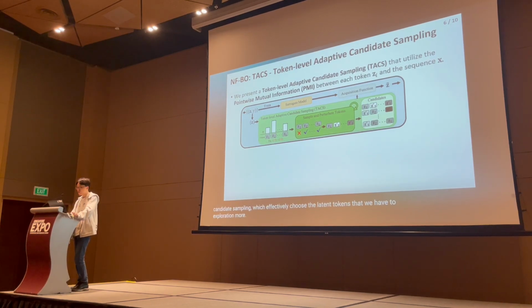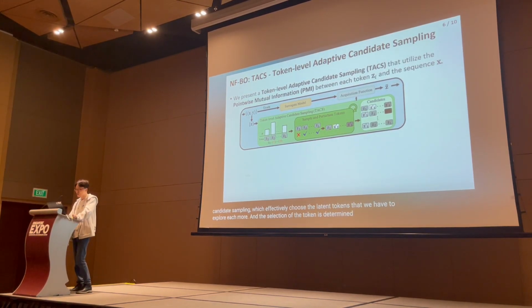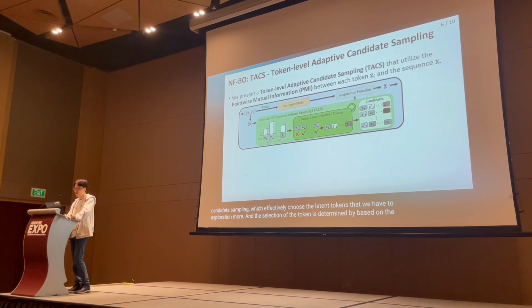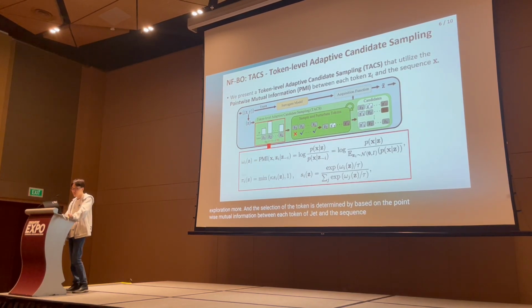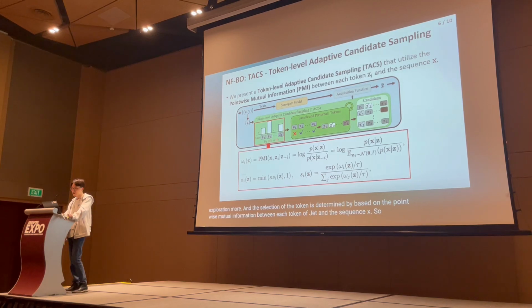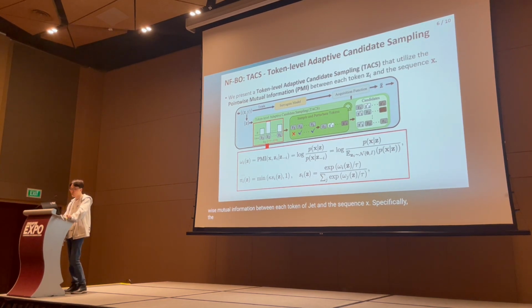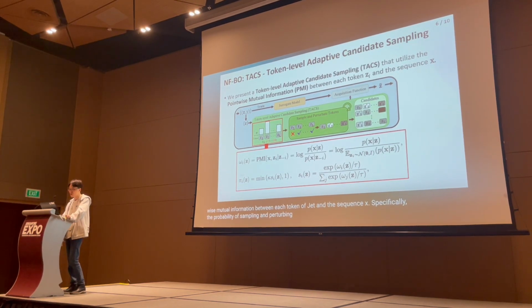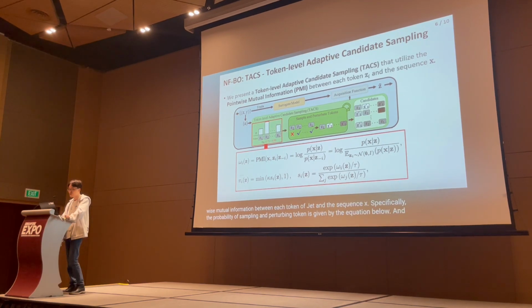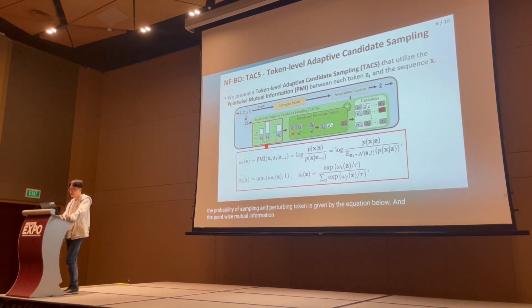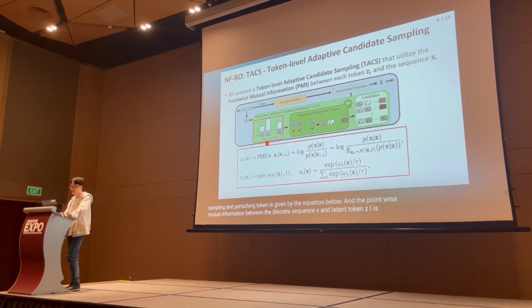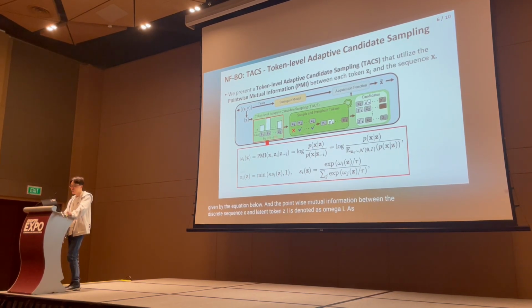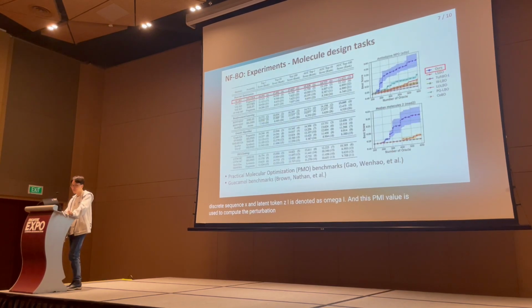The selection of the token is determined based on the pointwise mutual information between each token of Z and the sequence X. Specifically, the probability of sampling and perturbing a token is given by the equation below, and the pointwise mutual information between the discrete sequence X and the latent token Z i is denoted as omega i. This PMI value is used to compute the perturbation probability pi i.